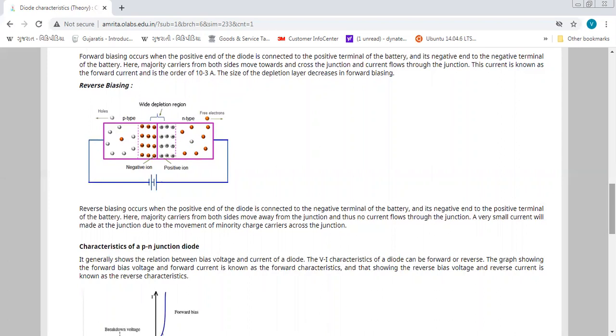Unlike forward biasing, in reverse biasing the size of the depletion layer goes on increasing. Also, there is a very small current, which is due to the movement of minority charge carriers across the junction.